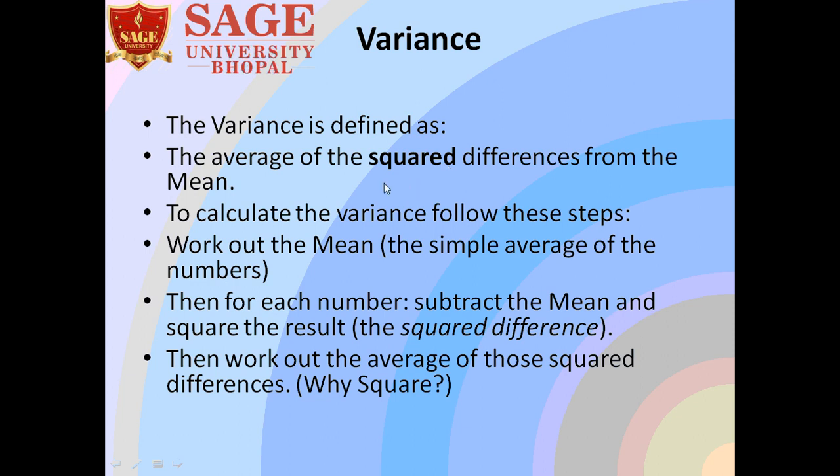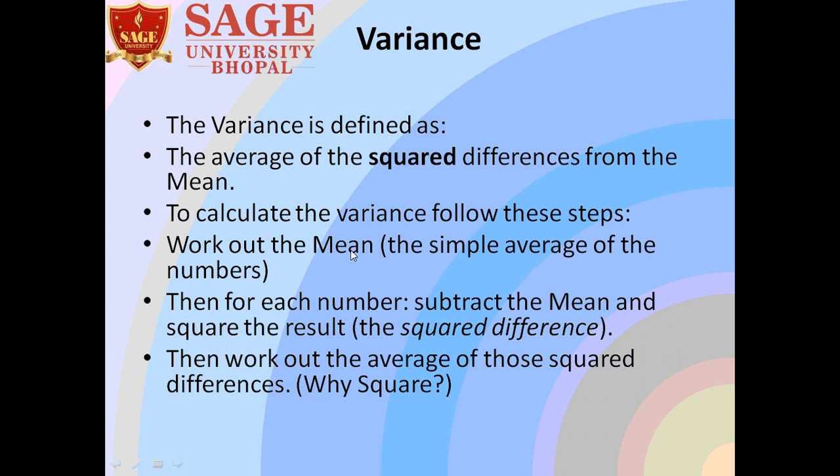Let's see the definition of variance: the average of the squared differences from the mean. First of all, we have to calculate the mean, take the squared differences from each value, and after that take the average of those. So these are the steps.